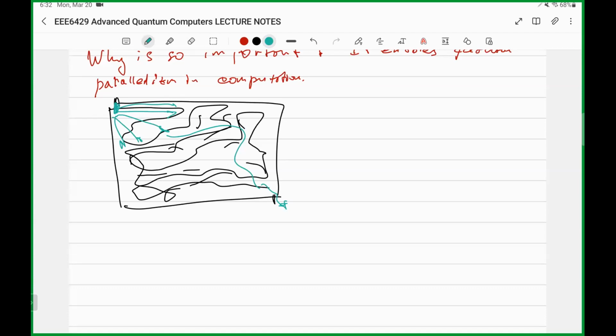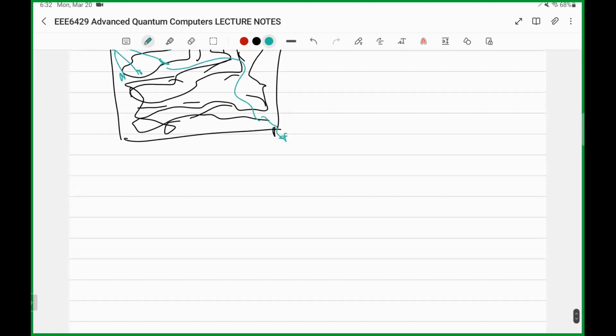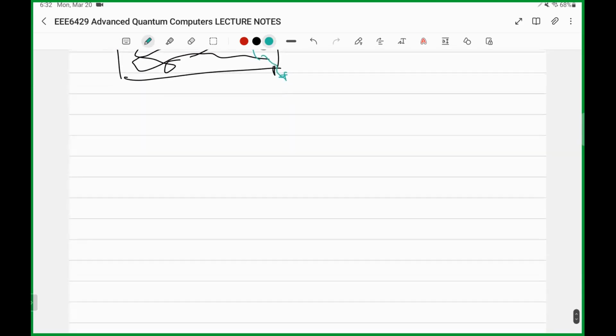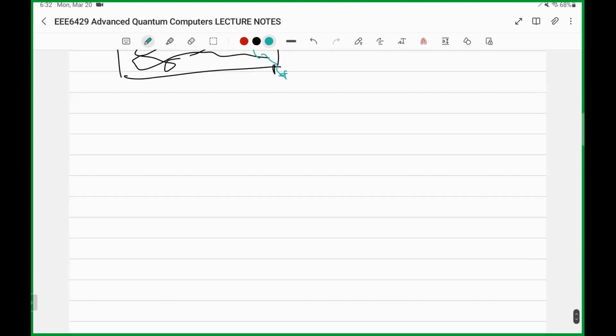Or in physical words, you launch a wave that propagates in all directions simultaneously and explores all pathways at the same time. And this is actually what happens in most of the quantum algorithms.